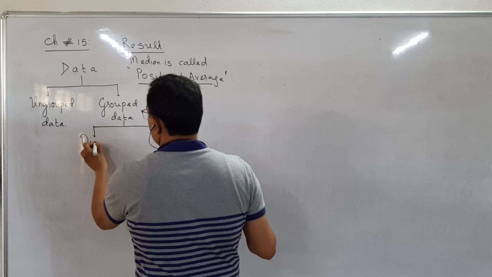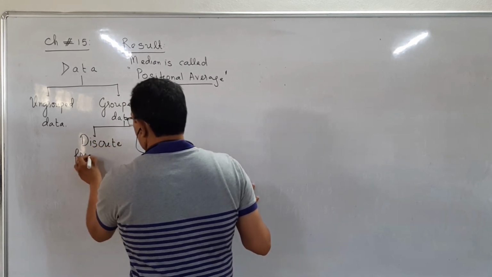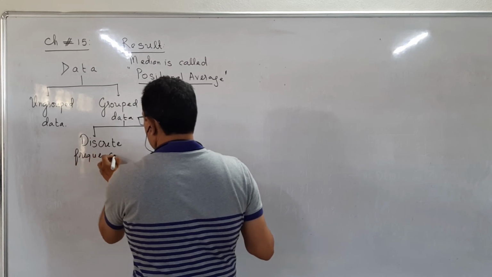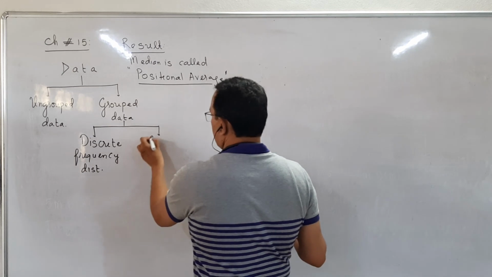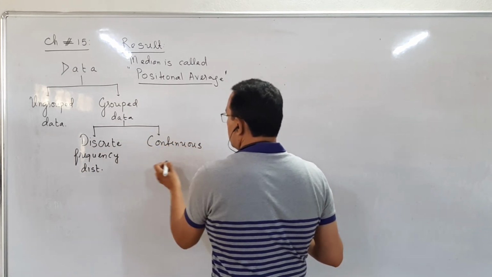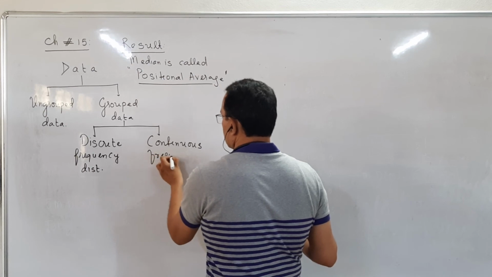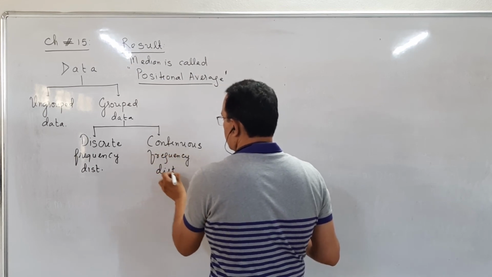First is discrete frequency distribution, and second is continuous frequency distribution.